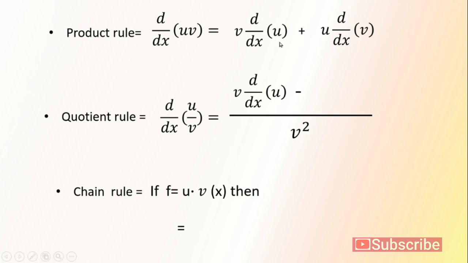Only plus is there in the case of product. In the case of division we get a minus sign, right? And then the other part is the same. You can remember it with the help of the product rule also. All these things are the same except this plus sign, right? This is numerator divided by denominator square.